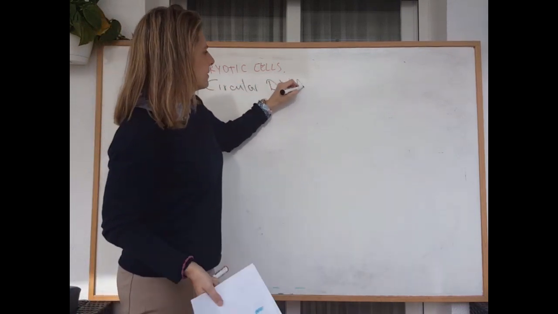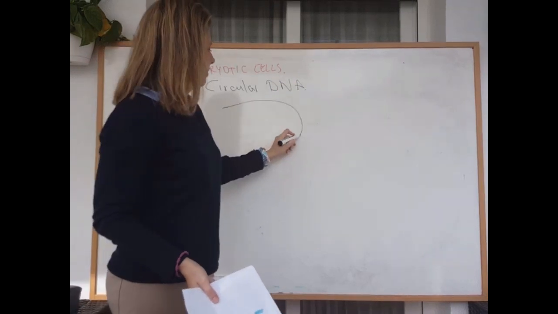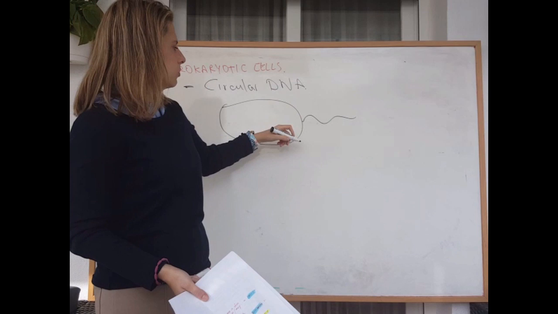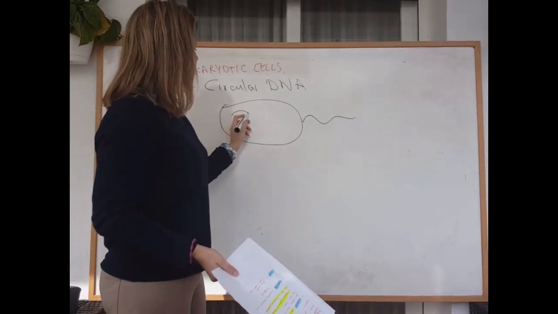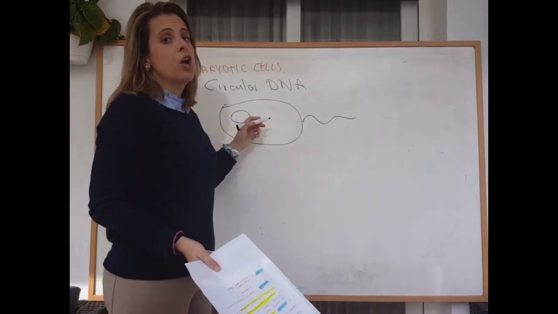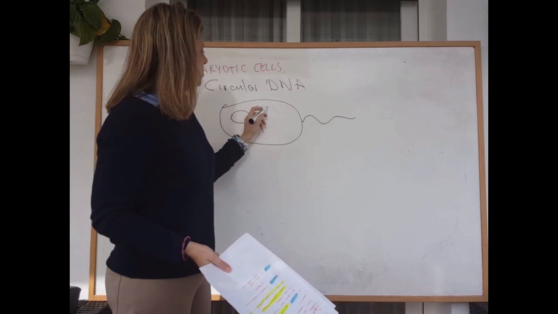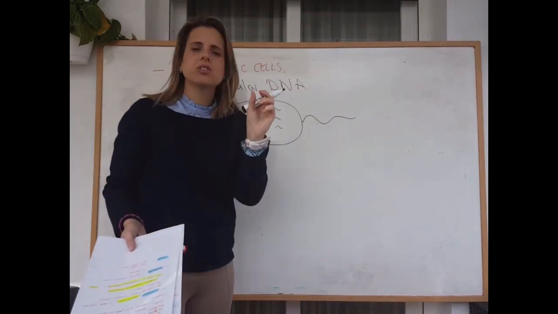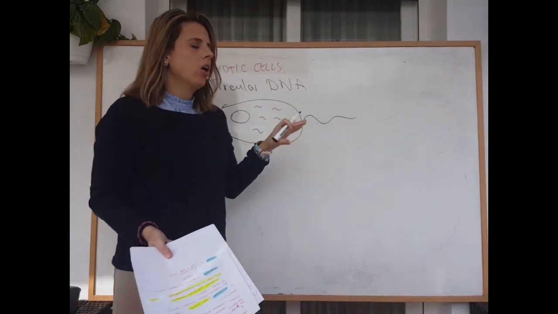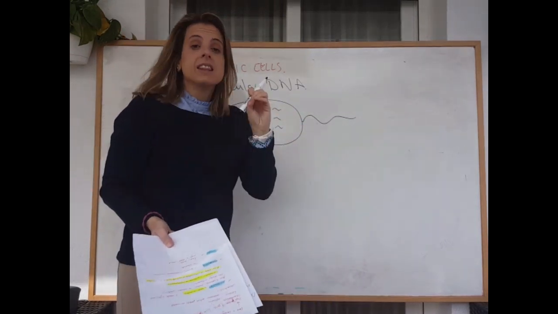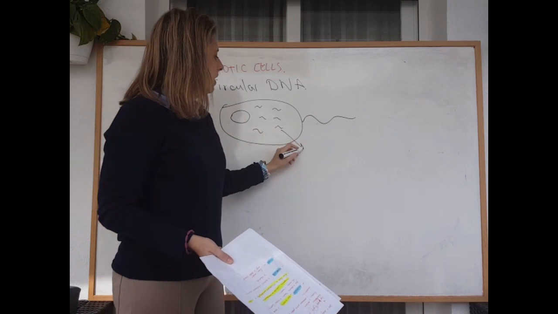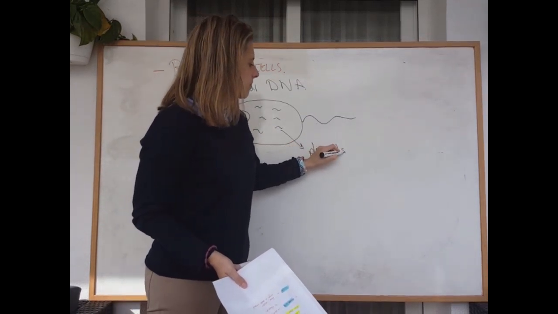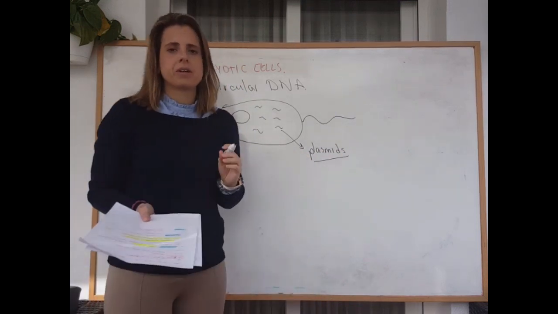But not just that. If you have a prokaryotic cell, such as this one, imagine the bacterial capsule, cell wall, everything. You are going to have this circular DNA, but also little small strands of DNA all along the cytoplasm. These parts are called plasmids. They are very important.